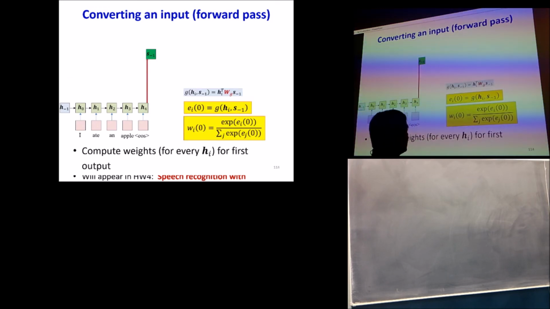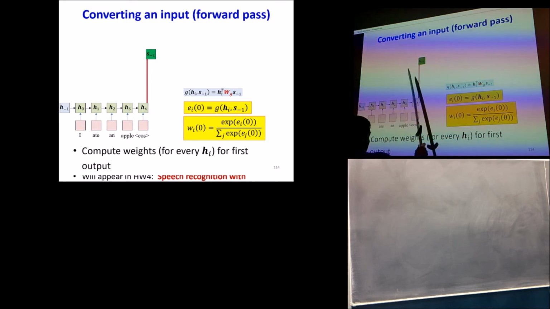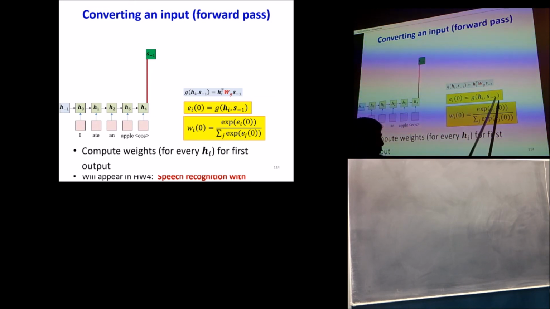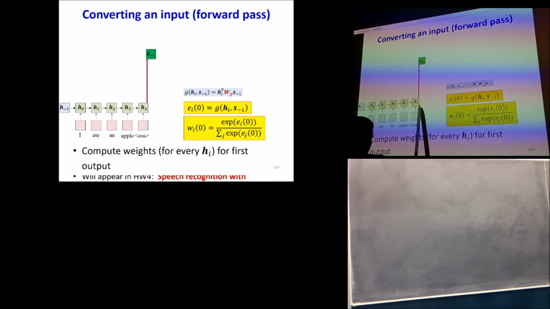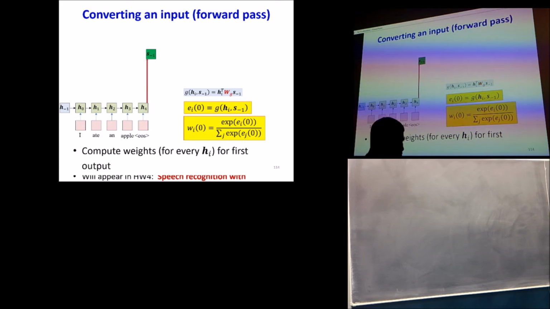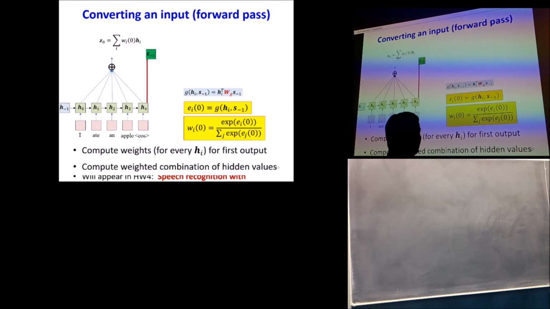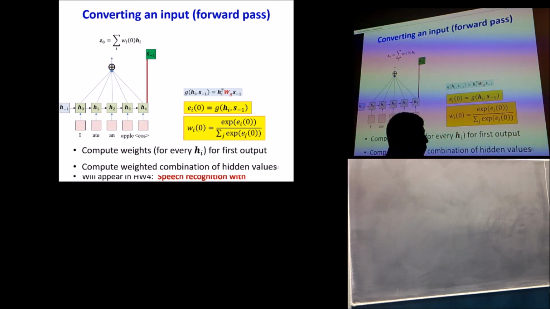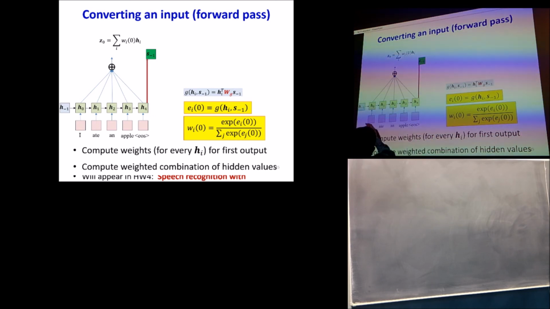What is really interesting is what happens subsequently. So this hidden value is used to compute the raw weights at each time for each of these. And from these raw weights, you're going to compute a probability distribution over all of these inputs. And using the probability distribution, you would compute a weighted combination of all of these hidden state values.